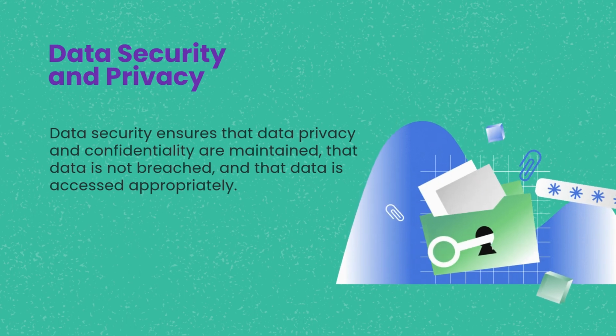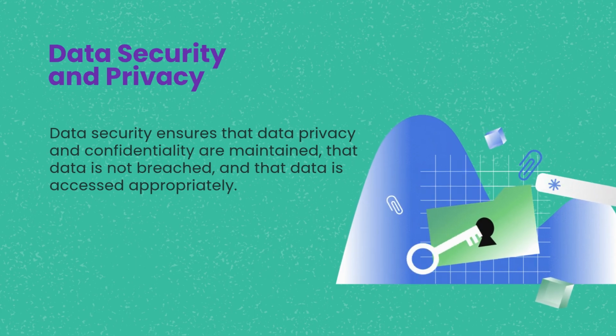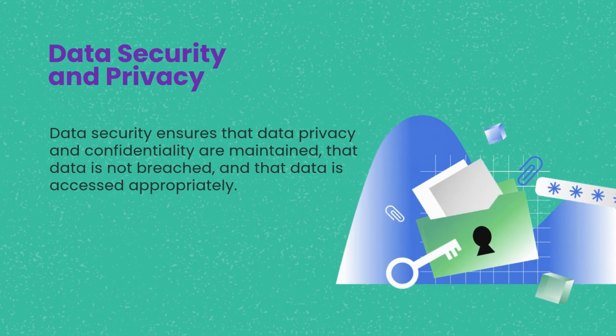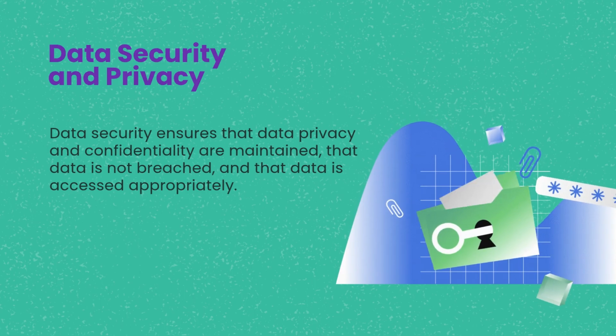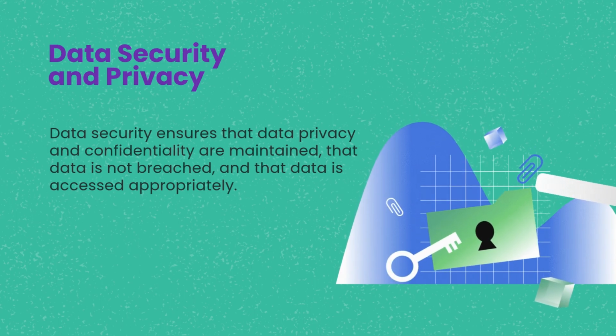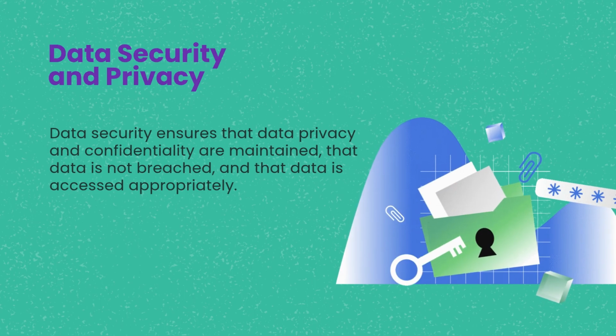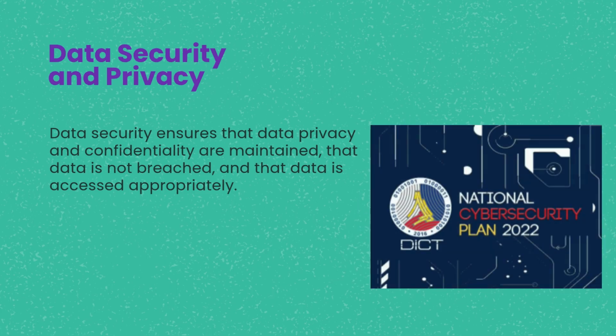Data security ensures that data privacy and confidentiality are maintained, that data is not breached, and that data is accessed appropriately by right people for the right purposes. The Department of Information and Communication Technology is the government resource for developments in national cybersecurity. We highlight here confidentiality.